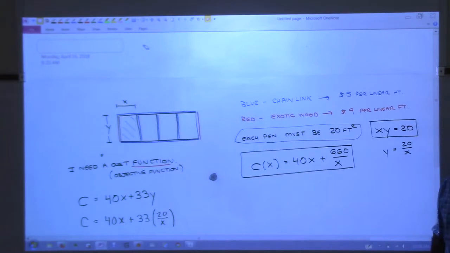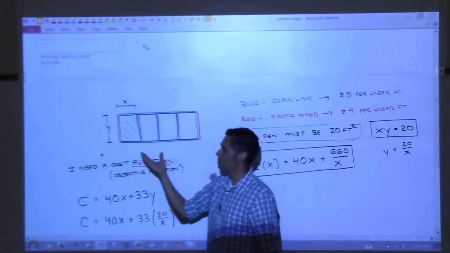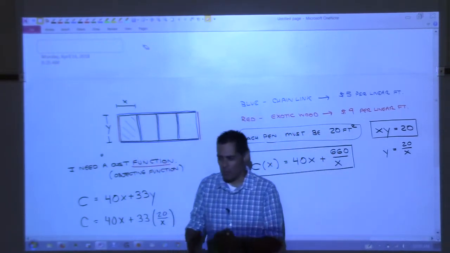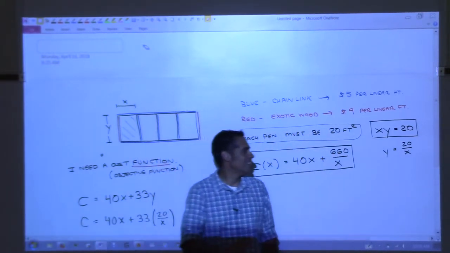Are there any domain constraints here? Are there any restrictions on x? X can't be 0, right? It's got to be positive, because if you hire a company and we're gonna put -8 feet of fence, right?